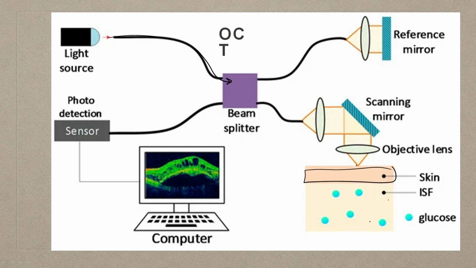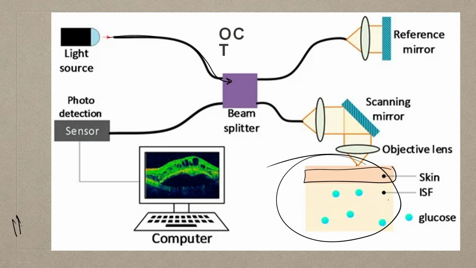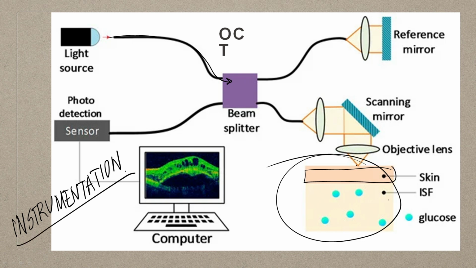And here is the ISF, here are the glucose molecules, and this is where all the detection is happening. So, OCT is another emerging powerful tool for continuous glucose monitoring, but of course, they all come with the need for really advanced instrumentation at your disposal. So, that is what I was mentioning in the class.